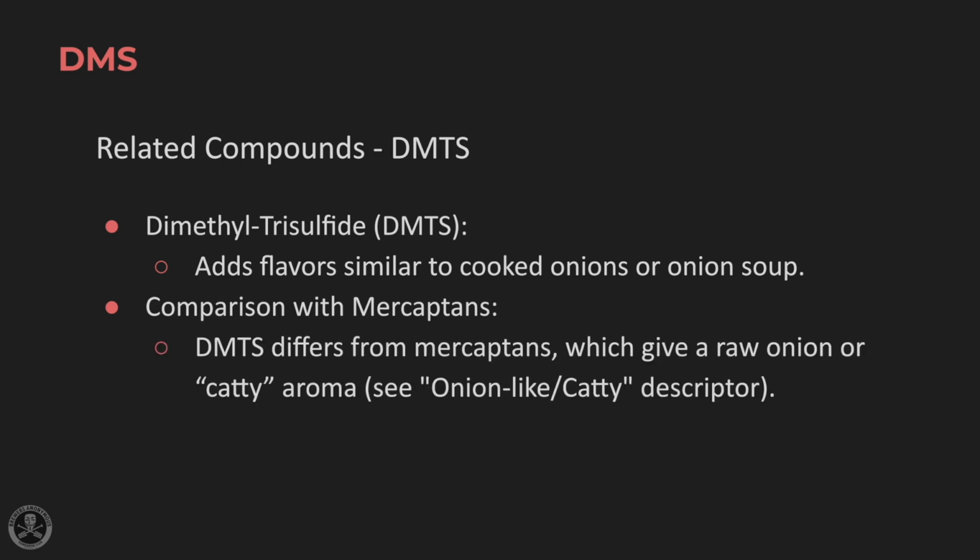These are known to add a raw onion or caddy aroma to beer. This is pointed out in this entry in the exam guide because we're going to cover that onion/caddy off flavor in an upcoming session. The groundwork is being laid here that there are two distinct onion-like off flavors, and we are going to need to know the difference between the two in terms of what is producing them.